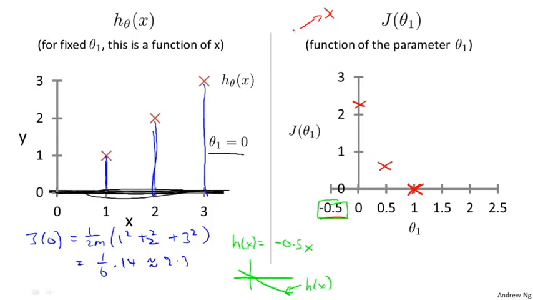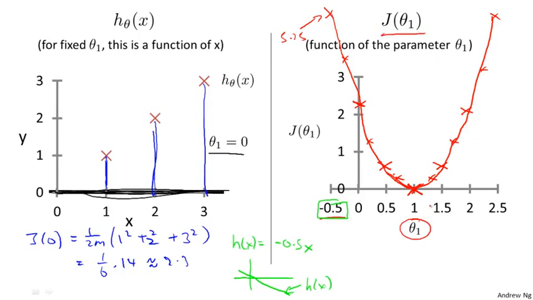It works out to be something like 5.25 and so on. And for different values of theta 1, you can compute these things, right? And it turns out that you compute a range of values, you get something like that. And by computing the range of values, you can actually slowly trace out what this function, J of theta, looks like. And that's what J of theta is.